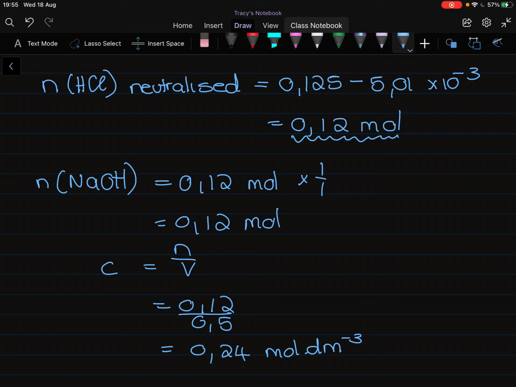If the NaOH and the HCl were absolutely identical in concentration, we wouldn't have had this left over. All of the HCl would have been used up. Okay, so essentially, because this is a lower concentration, this is like the limiting reactant, it stopped the reaction before all the HCl was neutralized.